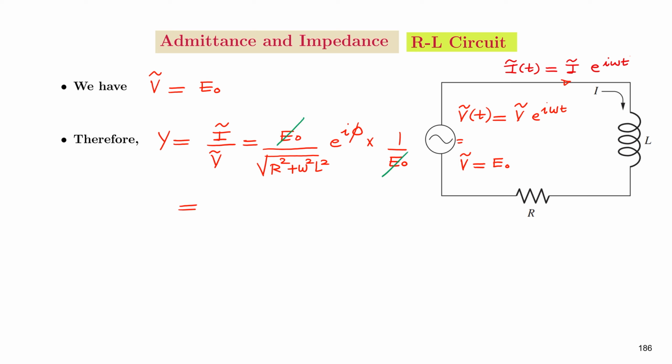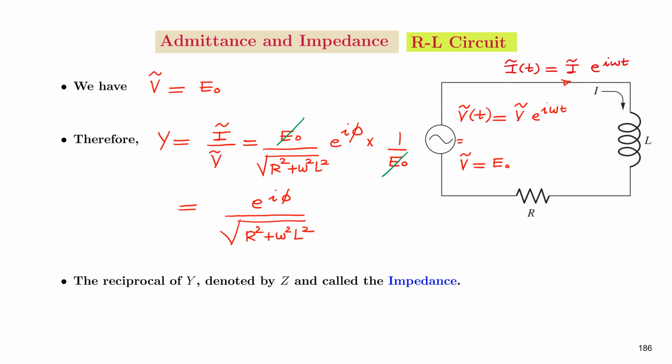Therefore, Y is equal to e raised to i phi divided by square root of R square plus omega square L square. So this is admittance in the case of a RL circuit. We'll denote impedance Z as a reciprocal of Y, and its unit is ohms.